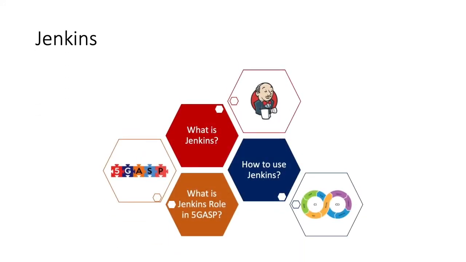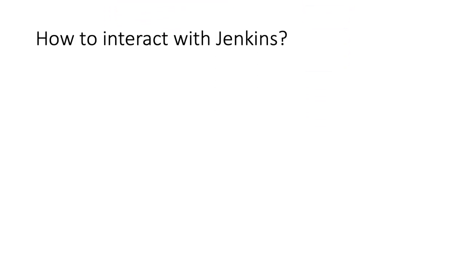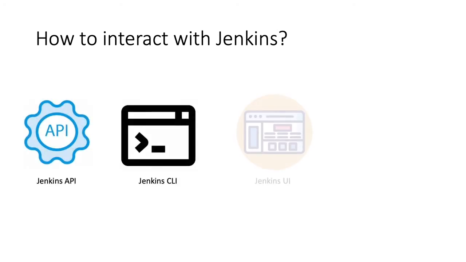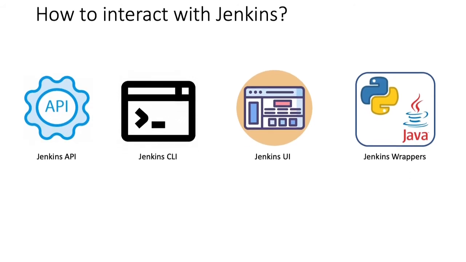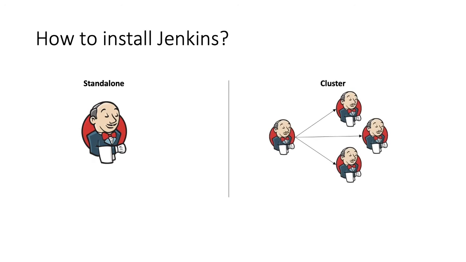How to use Jenkins? To interact with Jenkins, there are several possibilities: Jenkins API, Jenkins CLI, Jenkins UI, and several Jenkins wrappers, which are available for most programming languages. According to Jenkins' official documentation, this software can be installed as a standalone server or as a cluster.